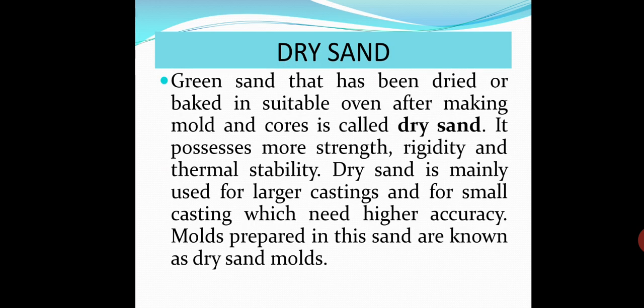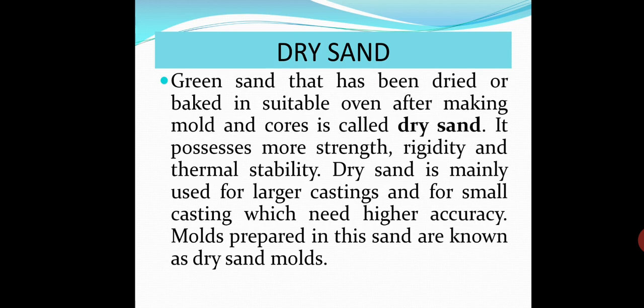So next is dry sand. This green sand has a high amount of moisture. When green sand is dried or baked in a suitable oven after making mold and cores, it is called dry sand.